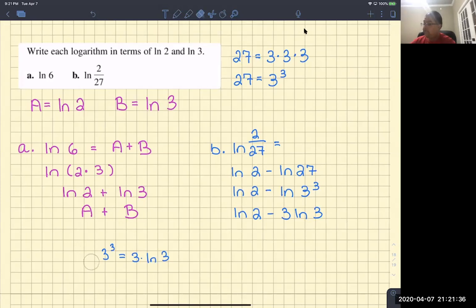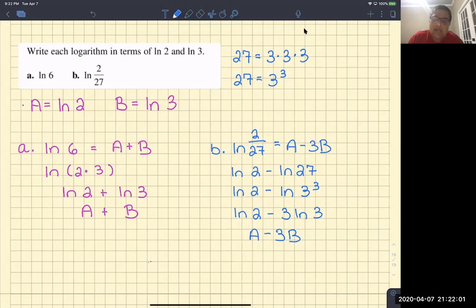Now, natural log of 2, I can replace that with A per my instructions. And natural log of 3, I can replace that with B. So I can rewrite the natural log of 2 over 27 using A and B and write it as A minus 3B.